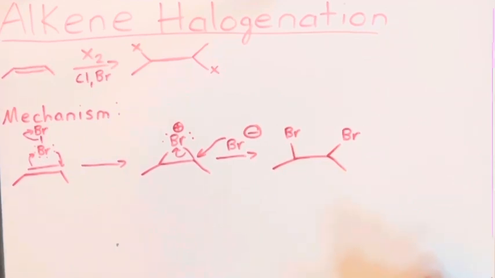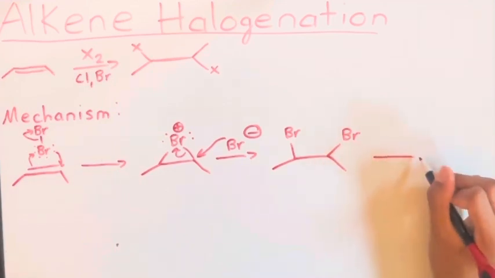So now we have a little bit of an issue and something we can fix pretty easily, and that's where we need to focus on stereochemistry, which basically means just the placement and the geometry of where our atoms are in a molecule. So in this specific reaction for alkene halogenation, our bromines need to be anti to each other, which just means that they need to be on opposite planes or 180 degrees away.